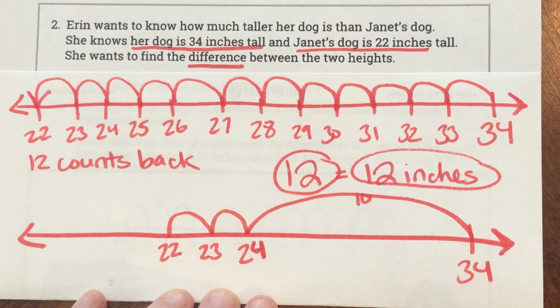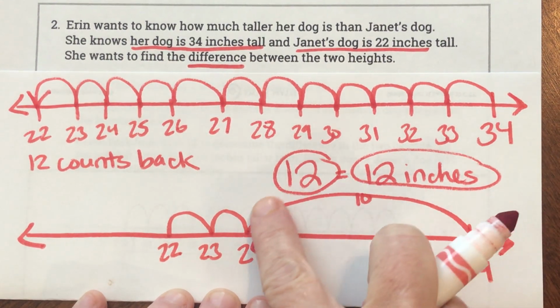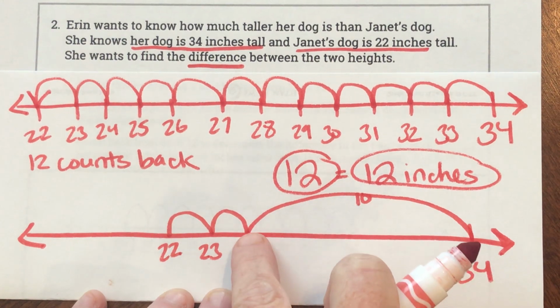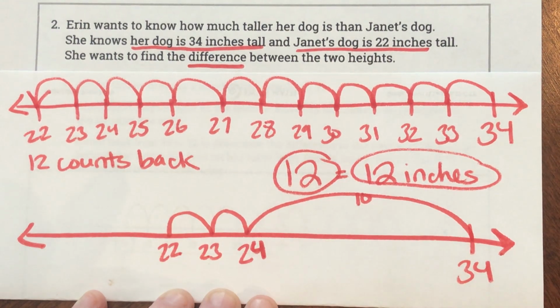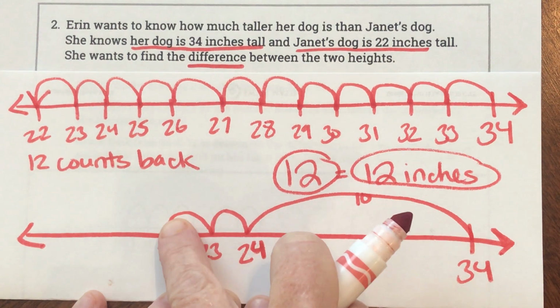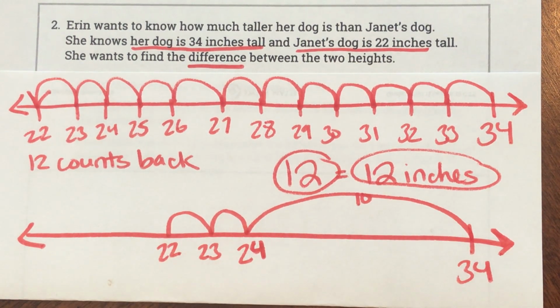So my answer, if you see, I did one giant count of 10 and then two little counts of one each. So 10, 11, 12. So that's a strategy as well when my numbers are so different because we're going to have some big numbers.